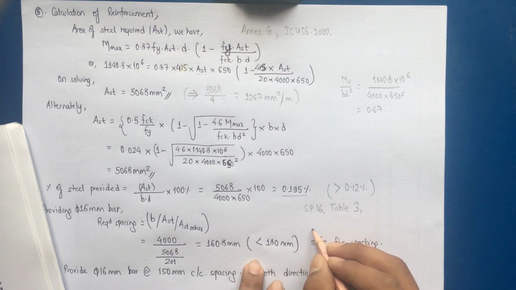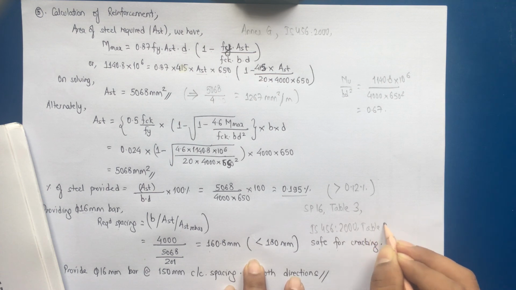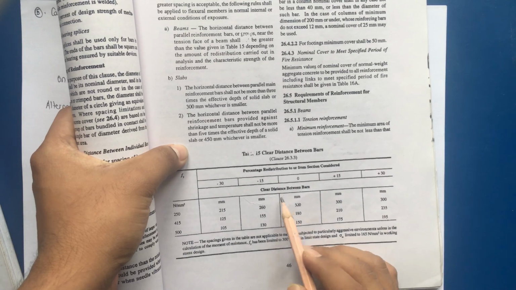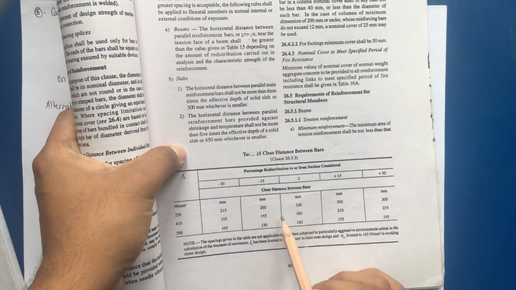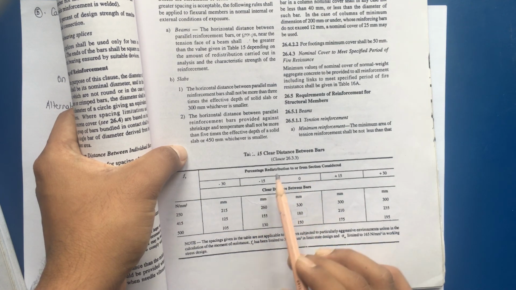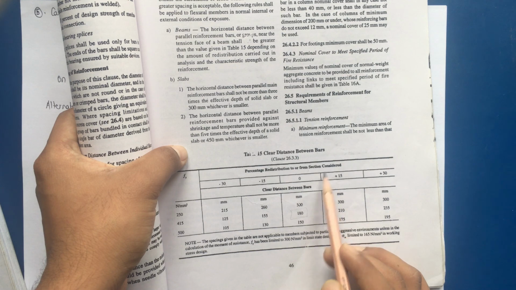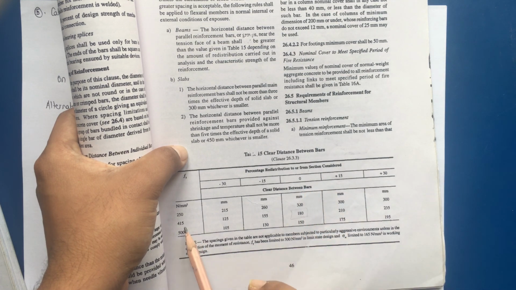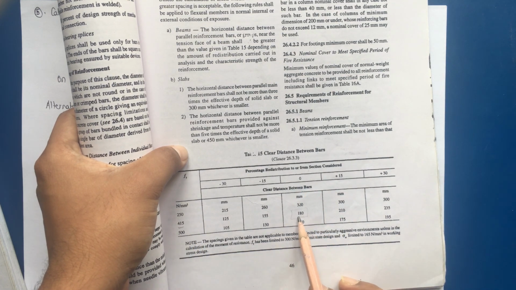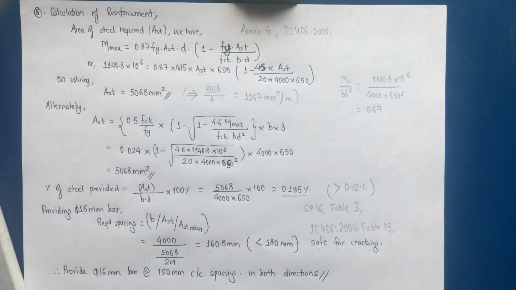So from IS 456 2000 table number 15, the clear distance between bars should be less than 180 mm, for the section considered with Fe 415.